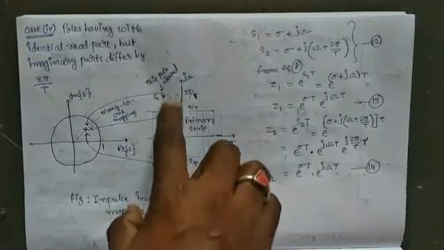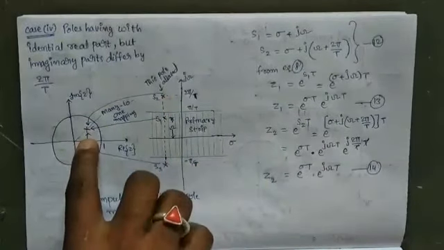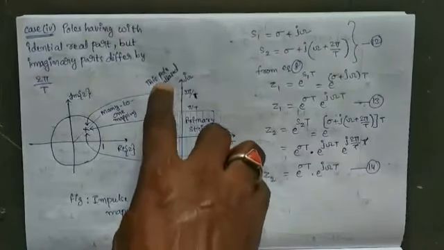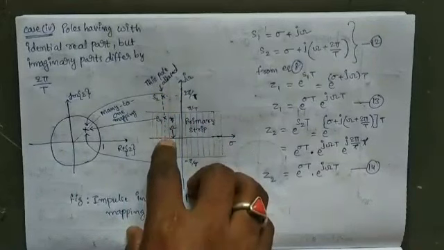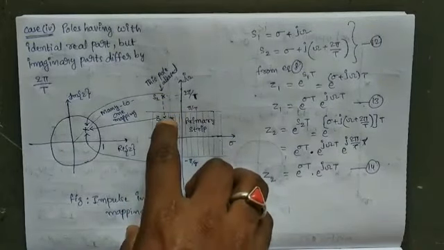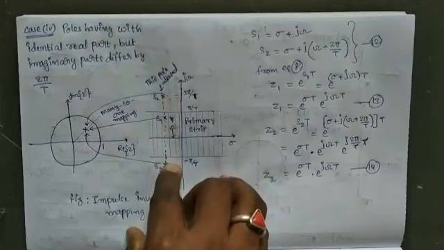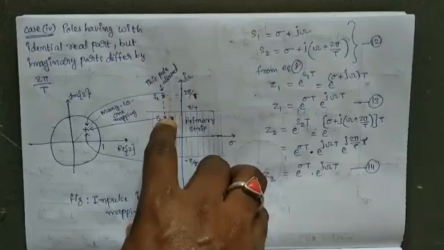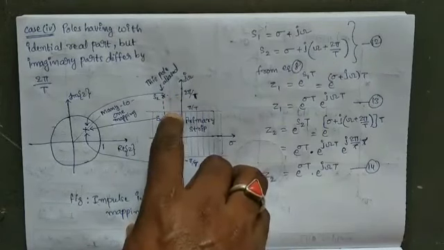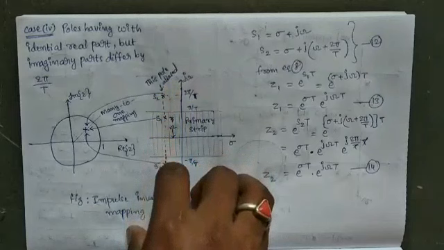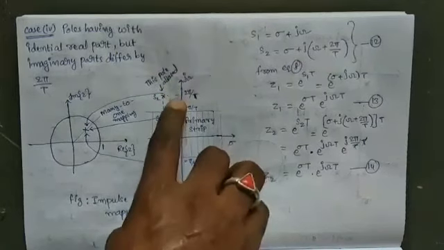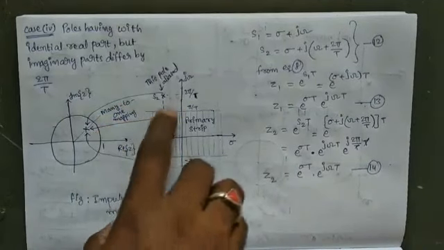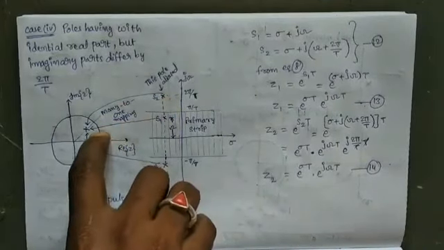Many poles are transformed into a single pole, meaning a number of poles in the S plane having the same real part but differing by the imaginary part by 2 pi by T. We are mapping these infinite number of poles into a single pole in the Z plane.